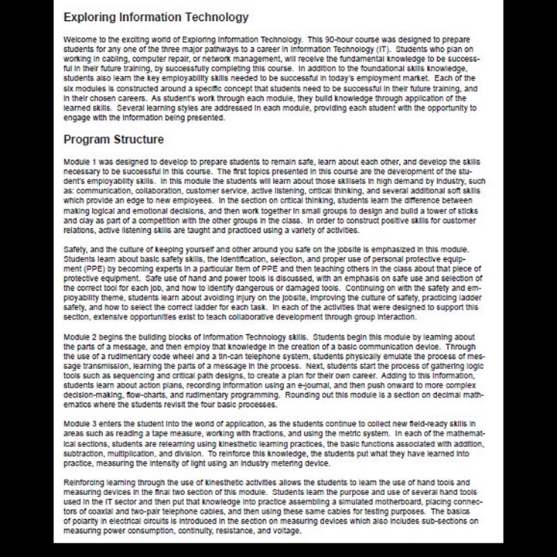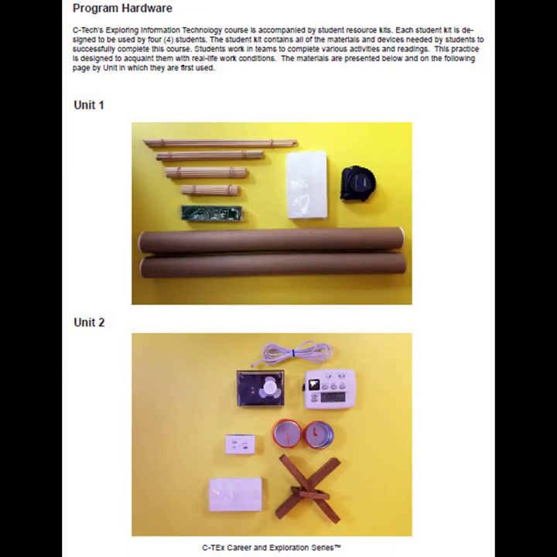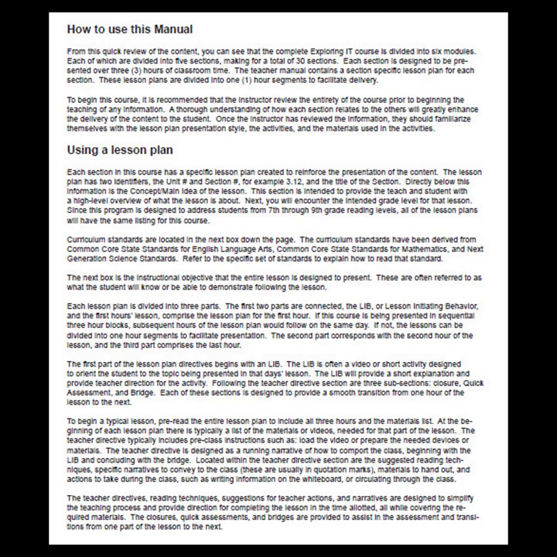The program structure contains an overview of all 6 of the units. Hardware associated with each unit is also shown. Information on how to use the manual and how to use the lesson plans is also provided.